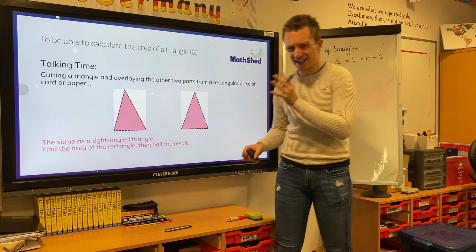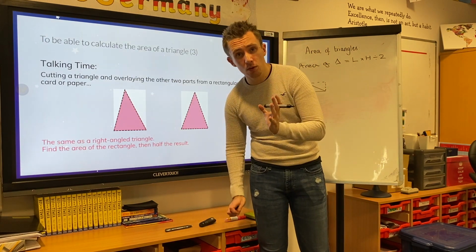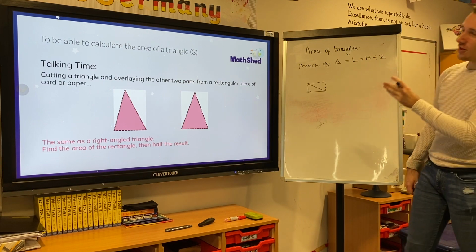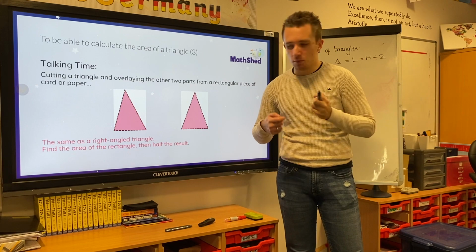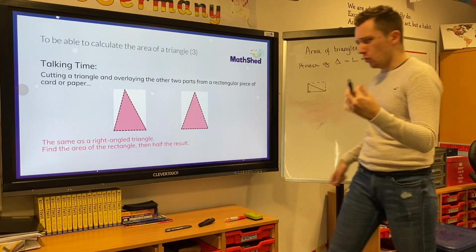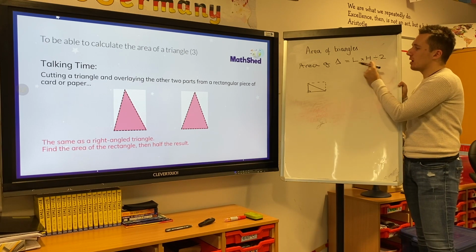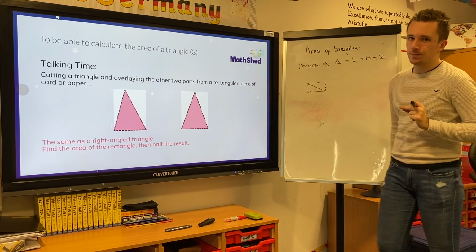I'm hoping you can see that from the images. If not, you just need to know this is what you do. So if you can't see it, it's fine. I can't really show you it, unfortunately. I would if we were in, but I can't. You need to remember that length times height divided by 2 for any triangle.